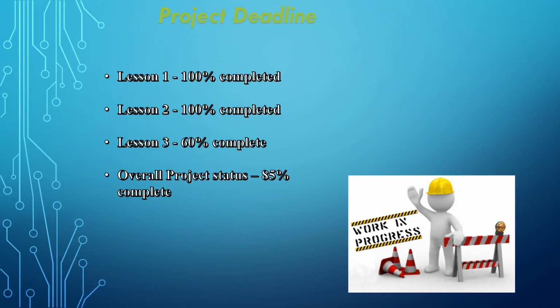And as far as my project deadline, it's lesson one. I'm 100% complete with that, with the script, screenshots and my video. I've completed that for lesson one. Along with lesson two, I've created my screenshots and my video.